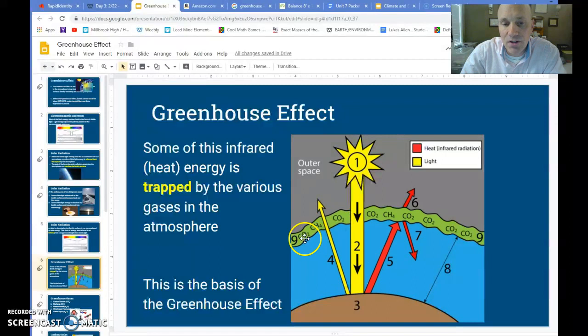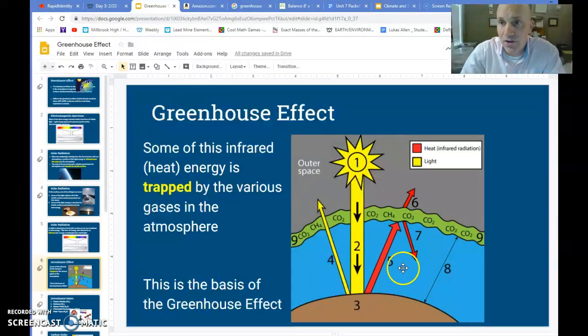Our atmosphere is made up of a bunch of gases, and one property of those gases is that they can absorb some of that infrared radiation being radiated by these warm objects down here. Things like water vapor in the air and, as you can see here, carbon dioxide and methane.